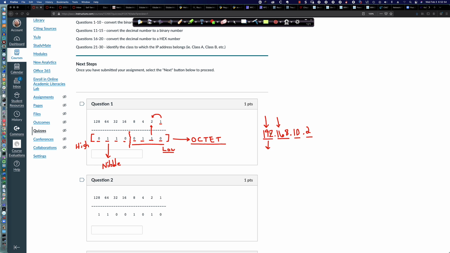So 192 as decimal is going to be 8 bits. And again, I'll just put in here 3, 4, 5, 6, 7, 8. And then this decimal value in binary, which is how the computer is going to be dealing with it, is made up of 8 bits as well, an octet. And so we have 8 bits here, and 8 bits here, and 8 bits here, and 8 bits here. Or you could say we have the first octet, the second octet, the third octet, and the fourth octet. And together, those 4 octets give us 32 bits in all.